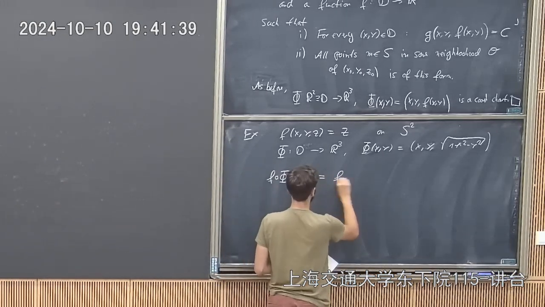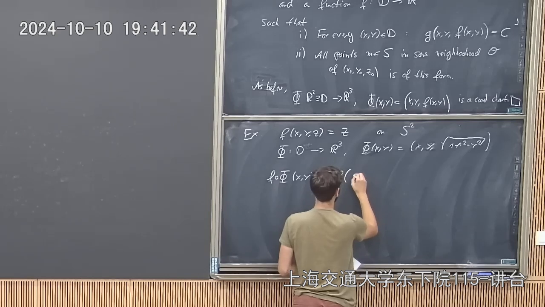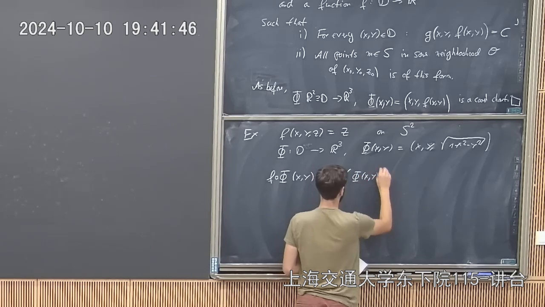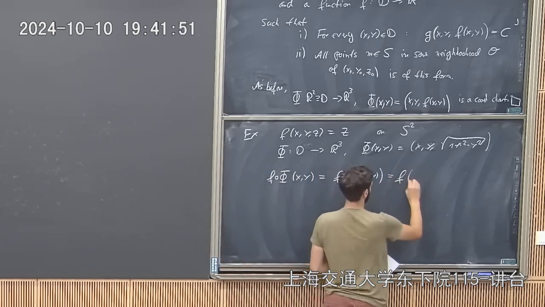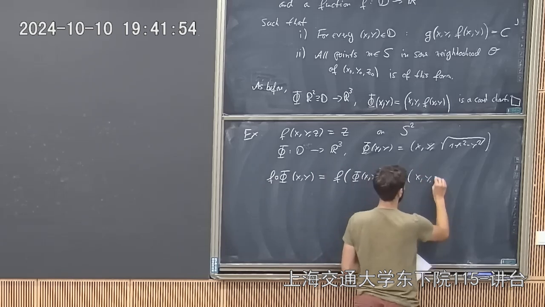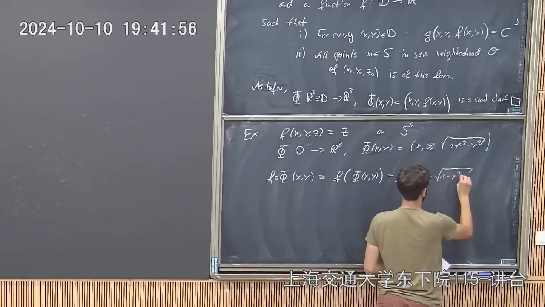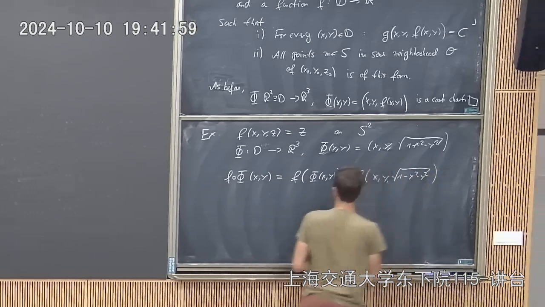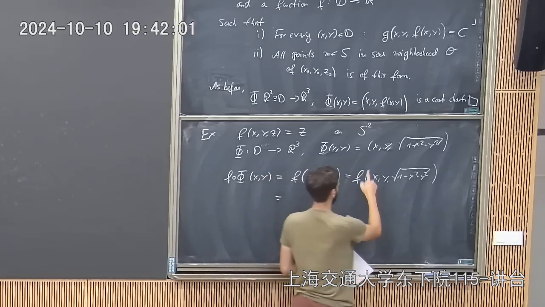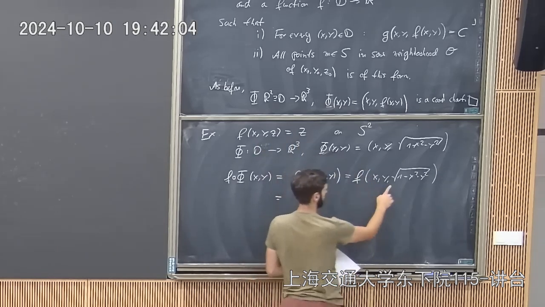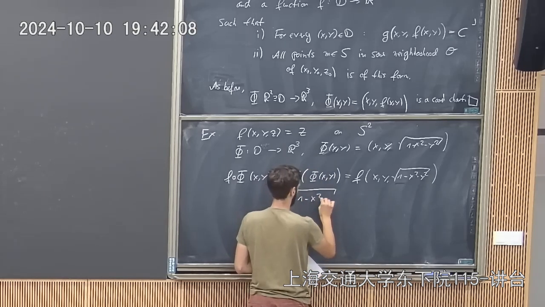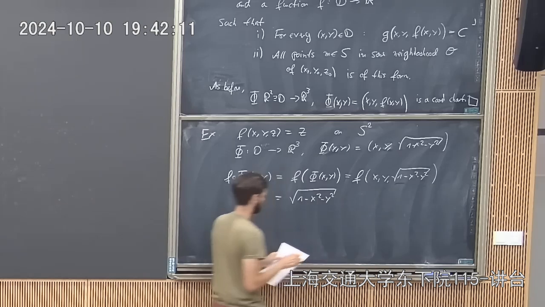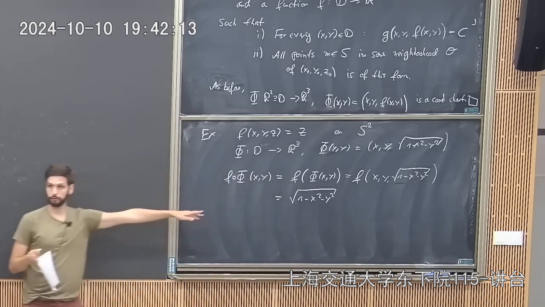So this is nothing else than plugging in phi first in F. So we do that. It's F of x, y, square root of 1 minus x squared minus y squared, and then since this function F is defined by the third component, this just gives us the square root, and this one turns out to be smooth.